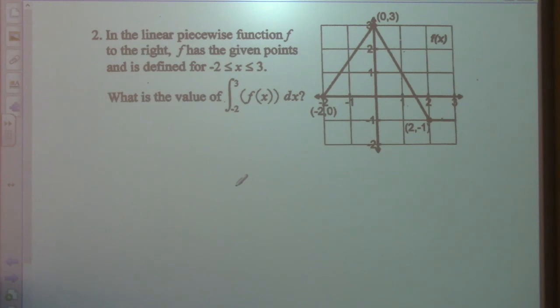Now, if this was a function, let's say it was v of x, like the velocity, what would the integral be?